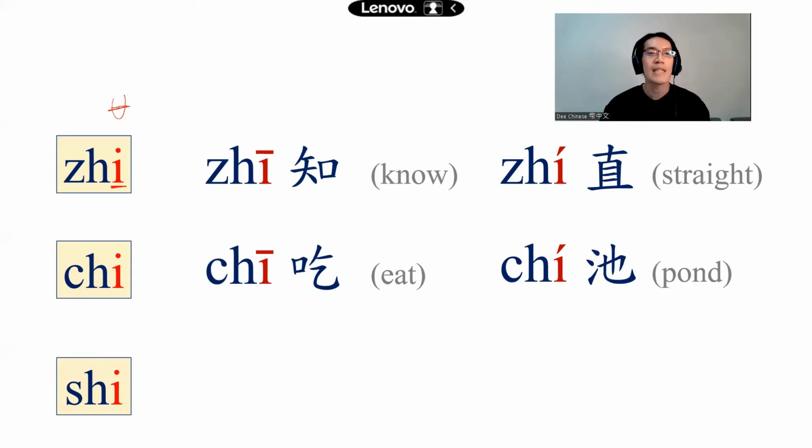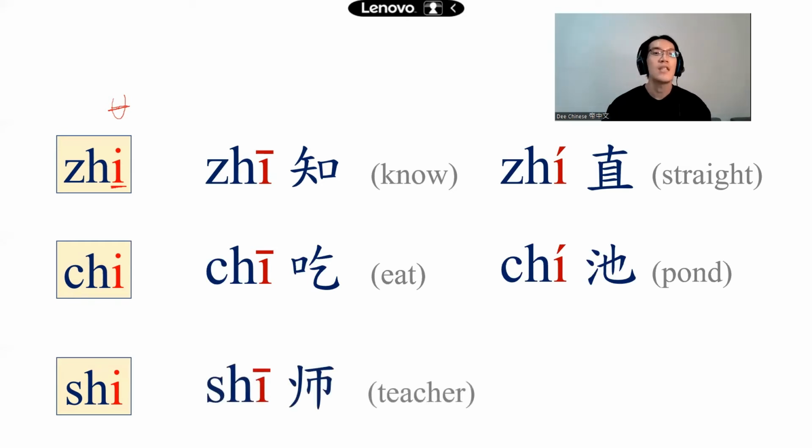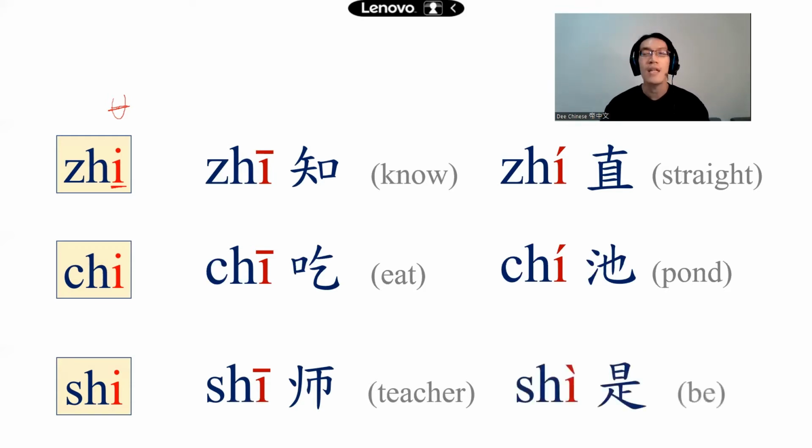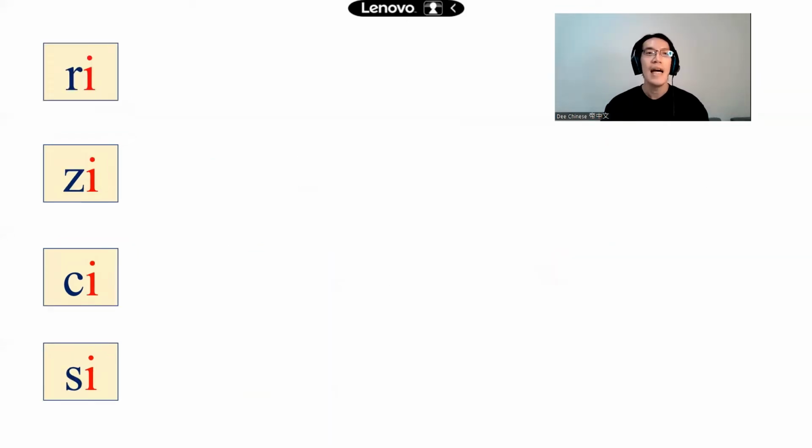And the next one is 诗. 诗 means poetry. The next one, 是. 是 means to be, just like is or are in English. And the next one, also, these e are not the typical e.